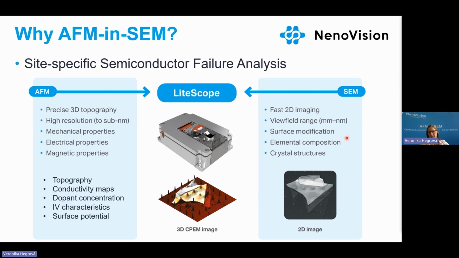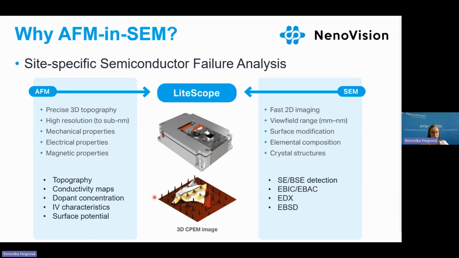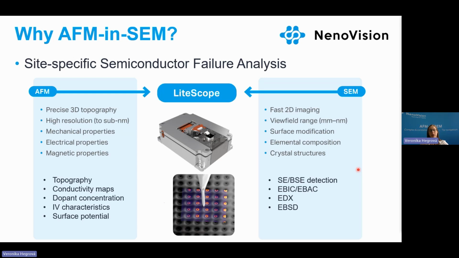For the semiconductor analysis, I would point out topography, conductivity maps, or dopant concentration from the AFM branch, and SE, BSE, EBAC from the SEM part. And also we can correlate the image, or we can navigate easily. You can see the very sharp tip over here.